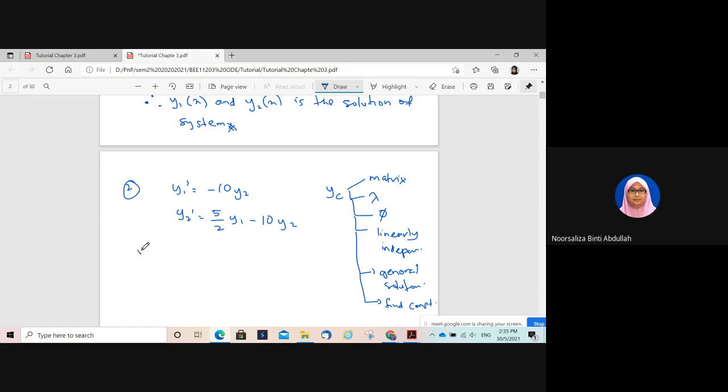So we have y prime. Y prime here we consider as y1 prime, y2 prime. This one is y prime equals to A times y, right? So A, what do you have for A?